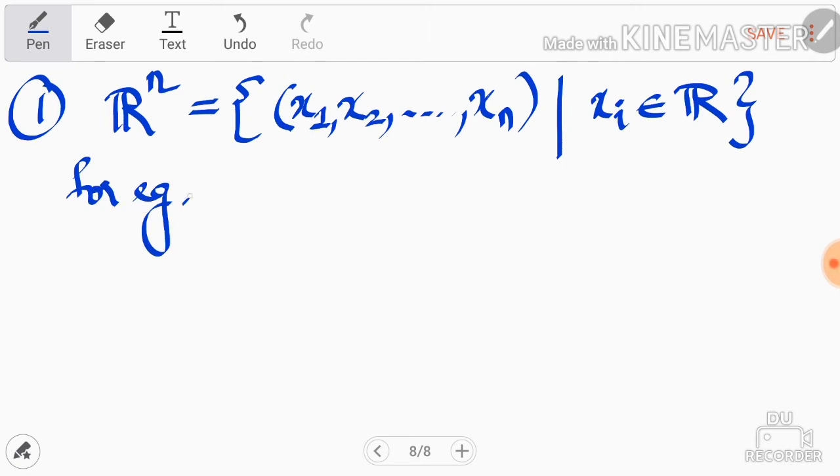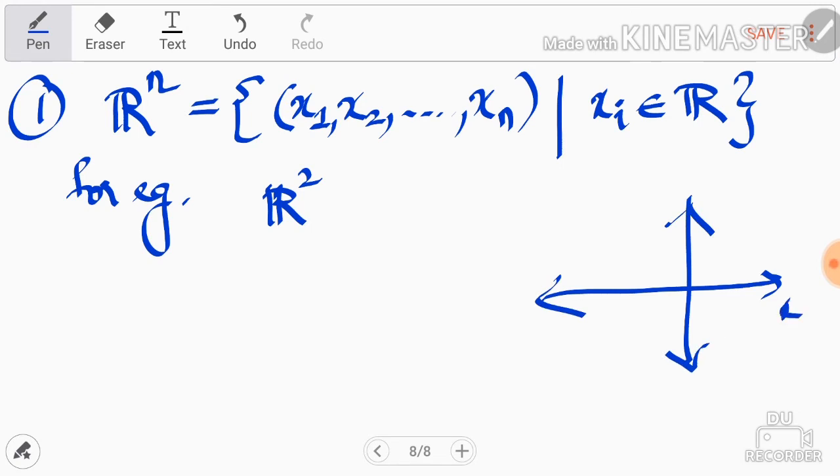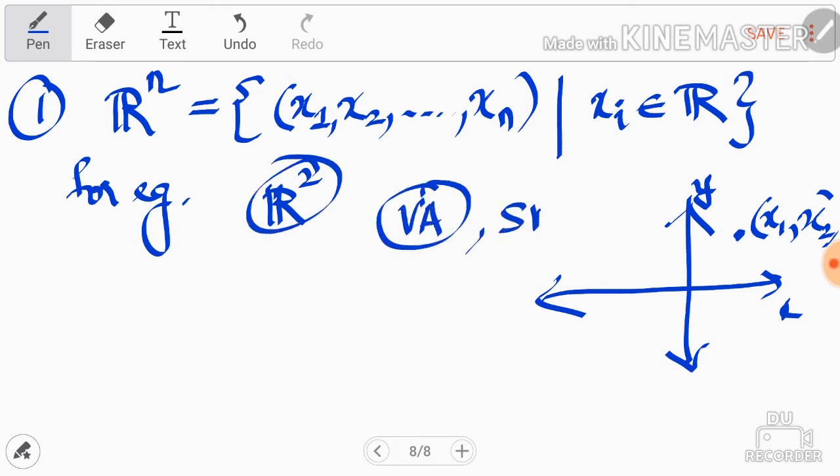For example, R2, which is also called the xy plane. Every point in R2 will have two coordinates x1 and x2. Now, how do you add two elements in R2? What does it mean to multiply an element of R2 with a scalar? I mean, what is vector addition and what is scalar multiplication in R2?